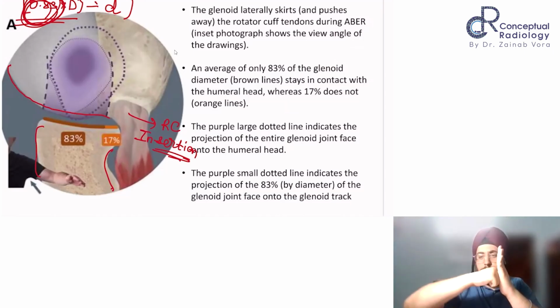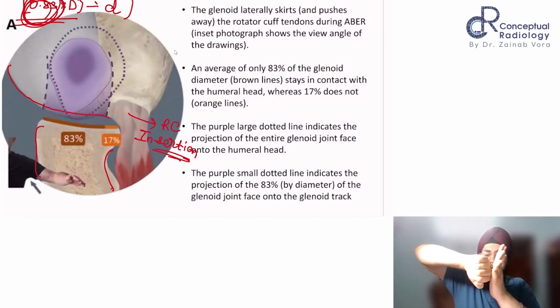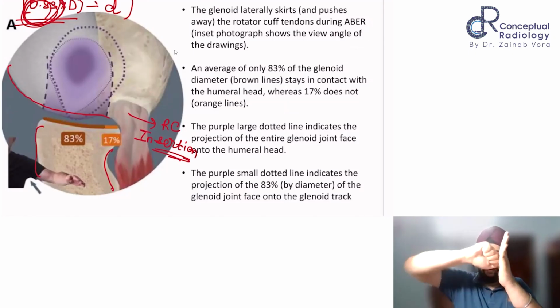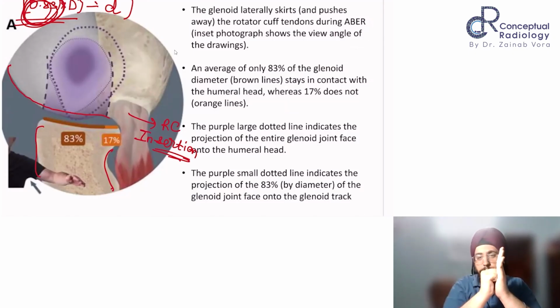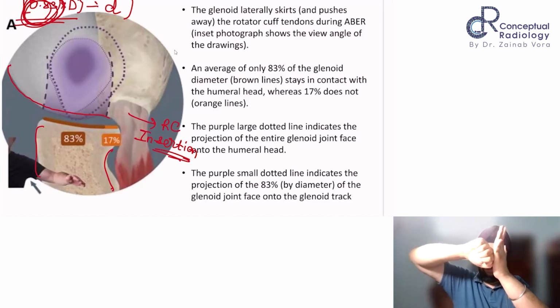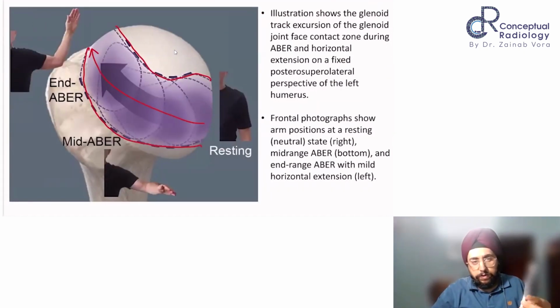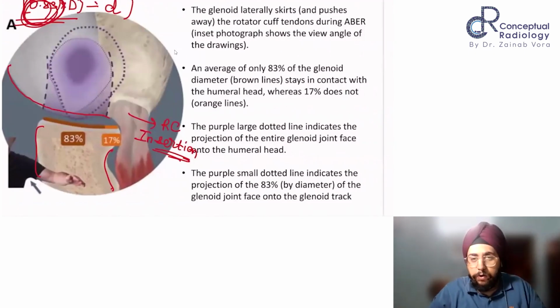Again, see the neutral position. Now it has come in contact here. This is how you do the movement. Whenever you do this movement, the tract followed over the humeral head looks like this. This we call the glenoid tract.